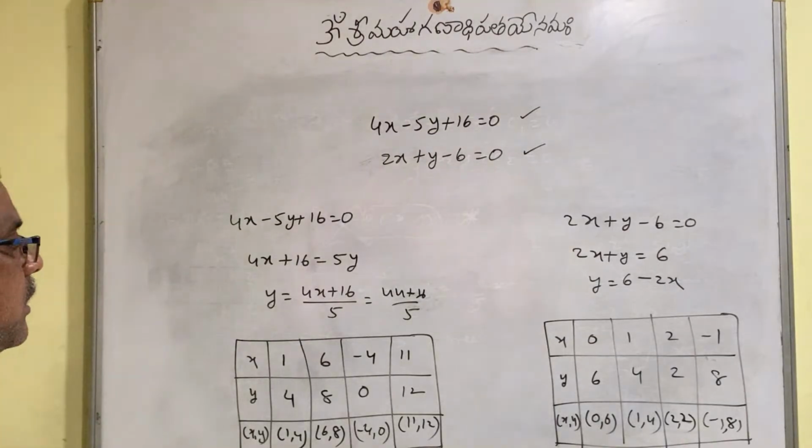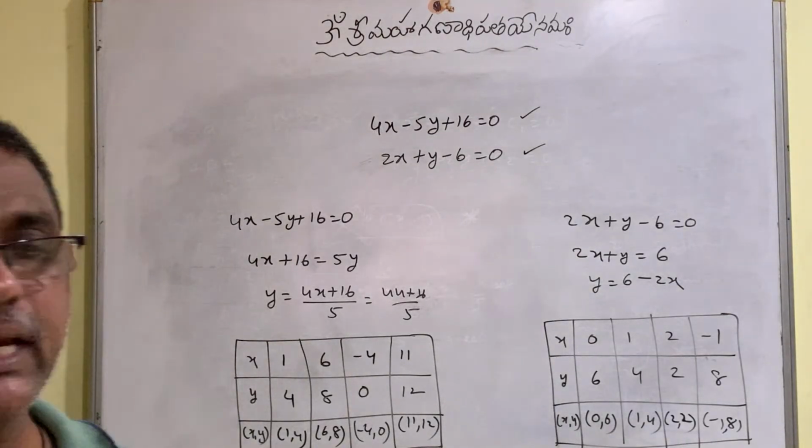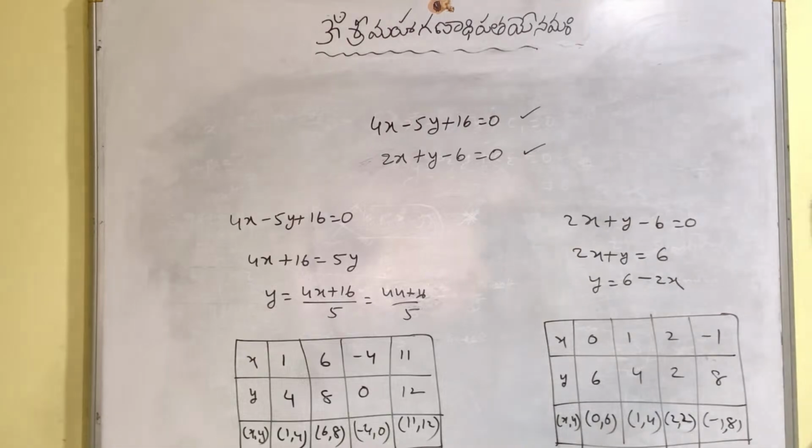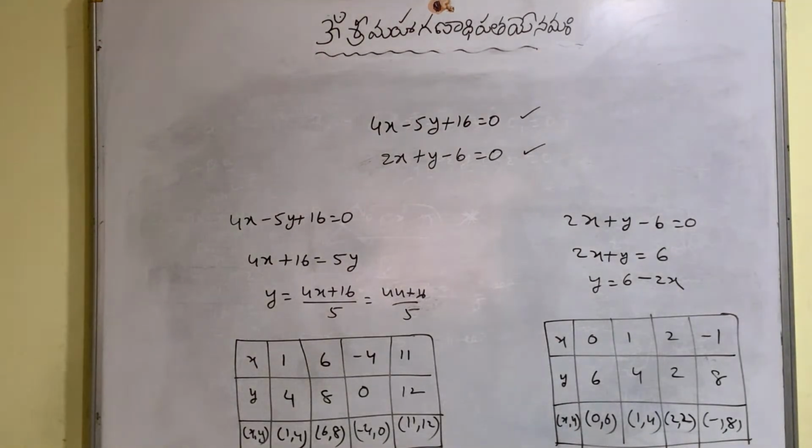Children, now plot these values in the graph and tell me whether you are getting intersecting lines or not. Please tell me.